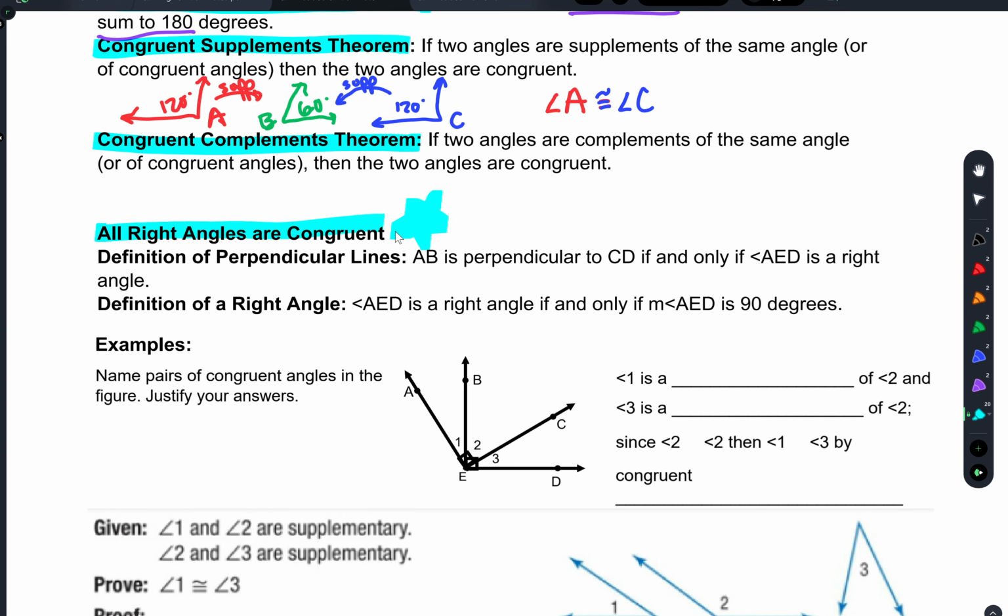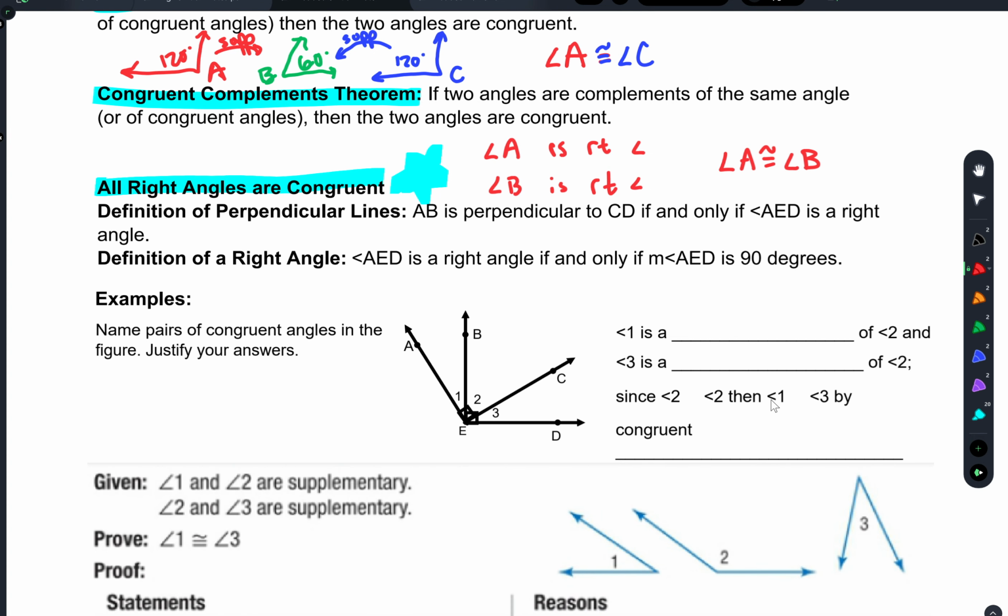If angle 1 is a right angle, and angle 2 is a right angle, then I can say angle 1 and angle 2 are congruent. That's literally what you are going to see. Angle A is a right angle. Angle B is a right angle. Therefore, angle A is congruent to angle B. That is what it will look like in a proof.